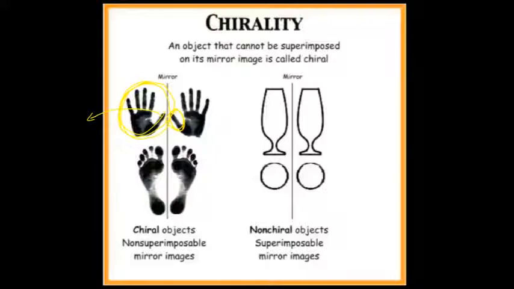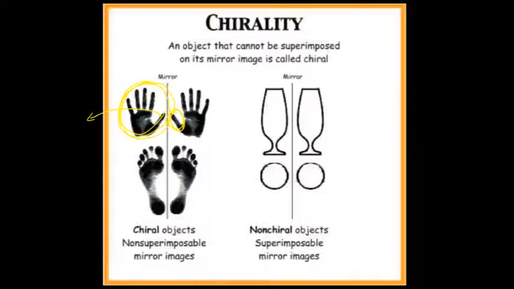But why am I explaining here that hands, even if you flip them, you can try. Place it on your hand, just keep the palm of your hand horizontal and place your other hand on it. You might think that it is superimposable because the thumb is on thumb, the index finger is on index finger, the ring finger is on ring finger.